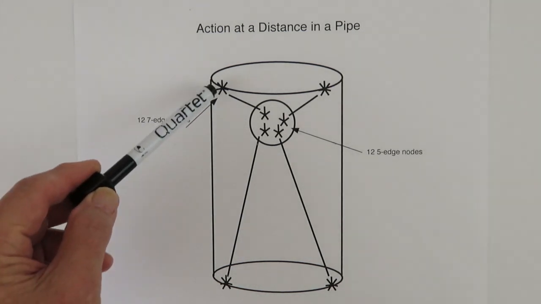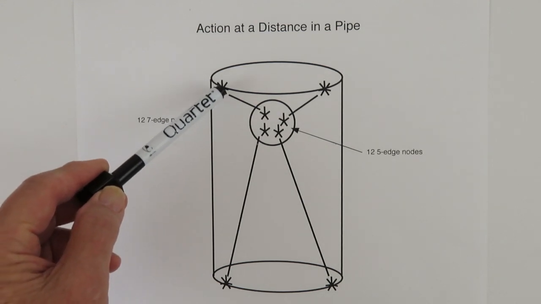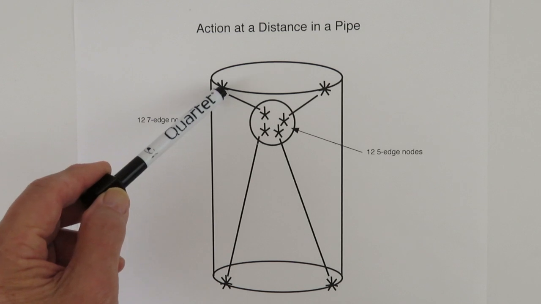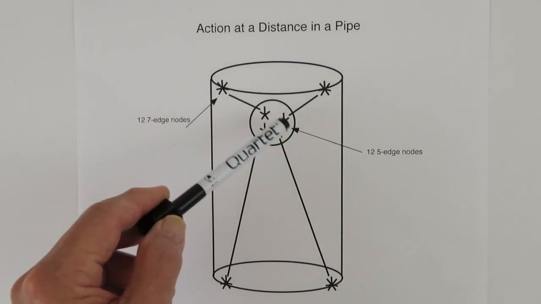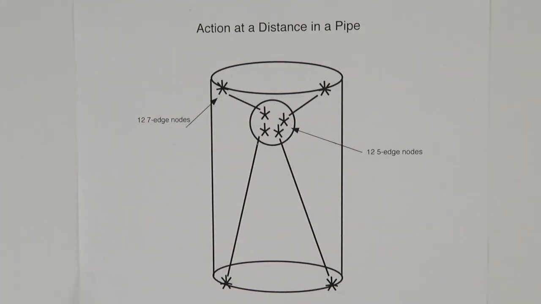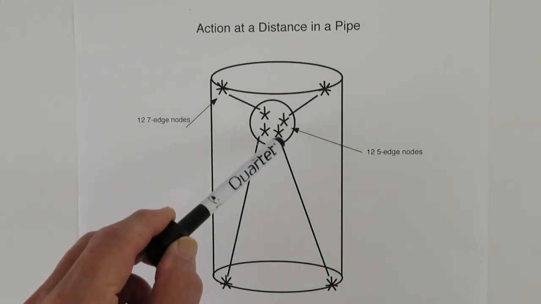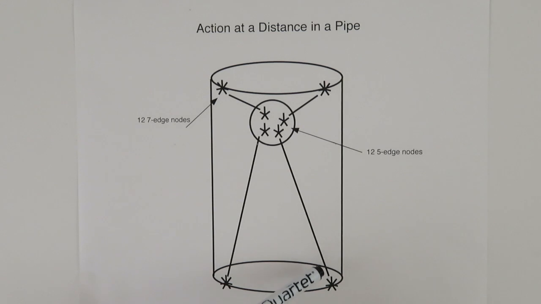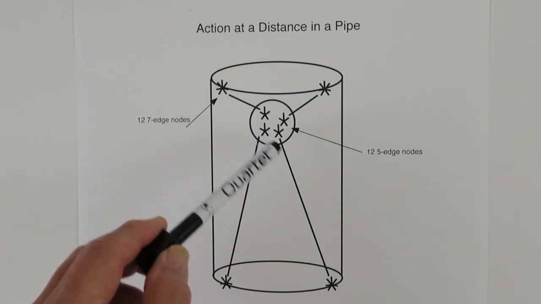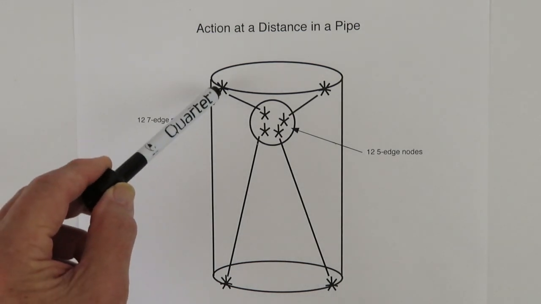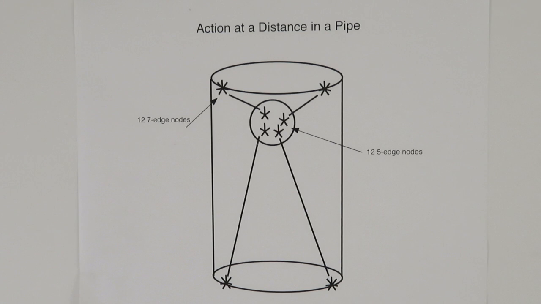And when a signal enters the EDS edge, let's say at this 7-edge node here, it comes to the EDS of the pipe, circulates around through that, and then perhaps at some other point will leave the EDS and go back to the fabric where it then emerges in the fabric. So the distance between here and here can be extremely long. That's important.